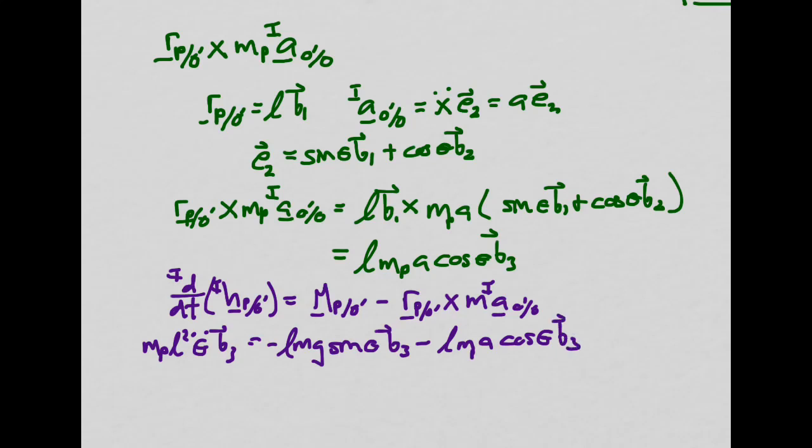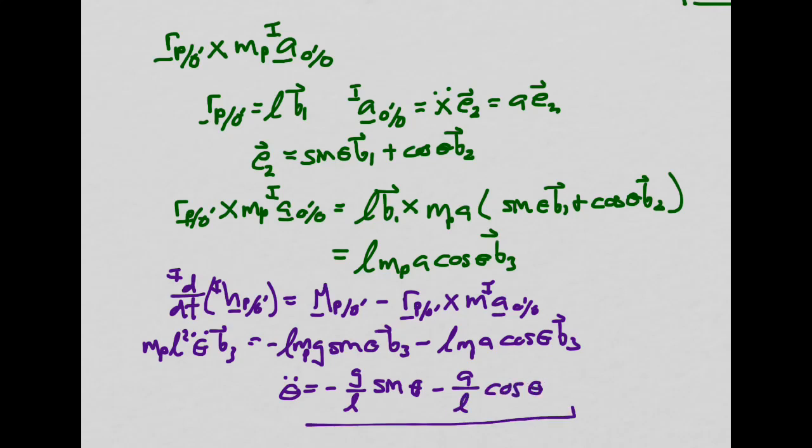And so everything's in the b3 direction, which is good because this is planar motion. And then using this expression we solve for theta double dot, and when we do that we get theta double dot is equal to minus g over L sine theta minus a over L cosine theta, which is the same as before.